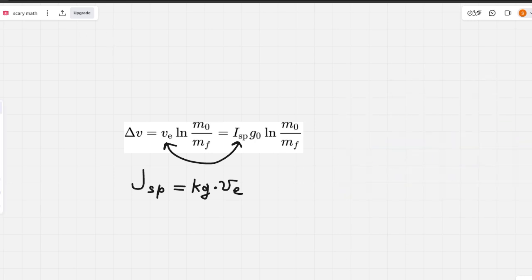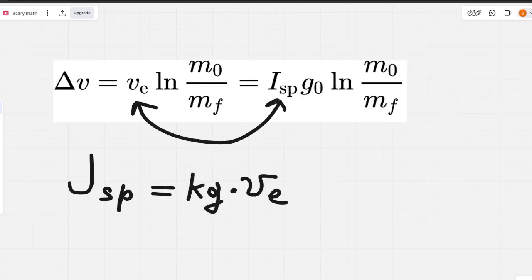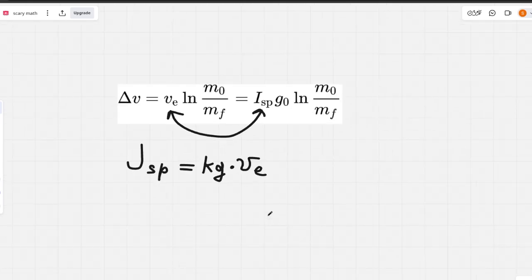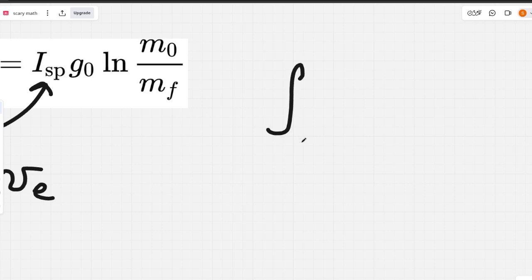Alright, now as for this part over here, what I'm gonna do is integrate from 0 to ISP, and we're gonna multiply 1 kilogram of mass, times g0.